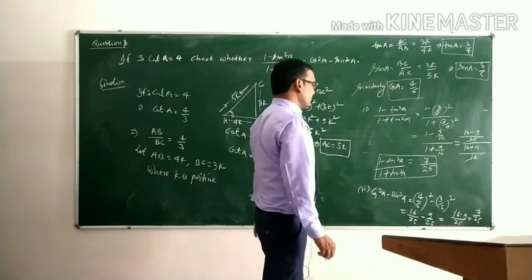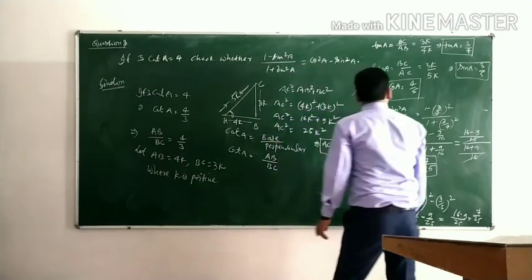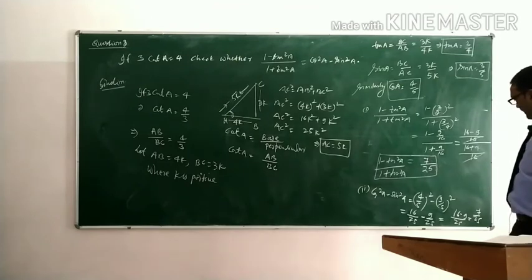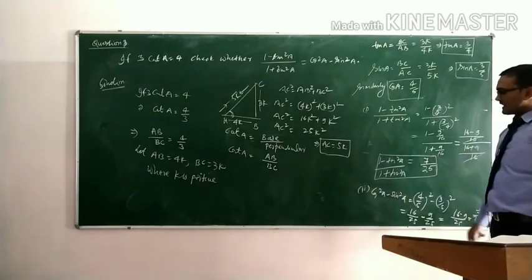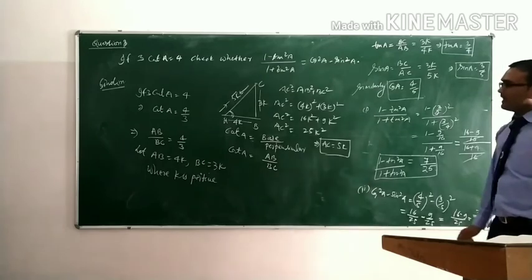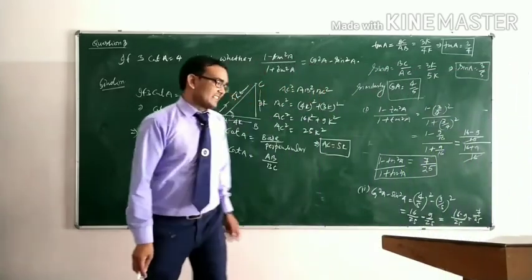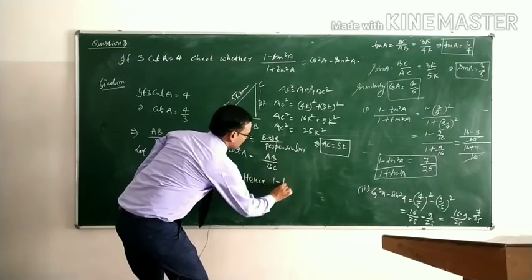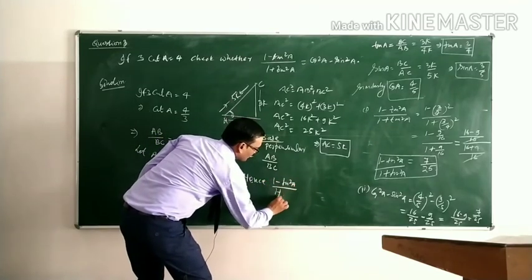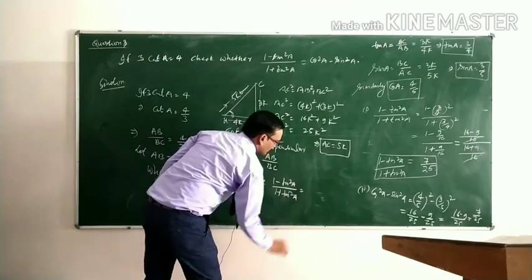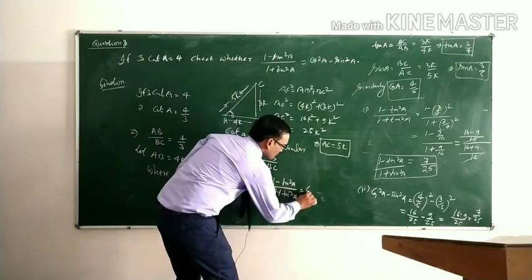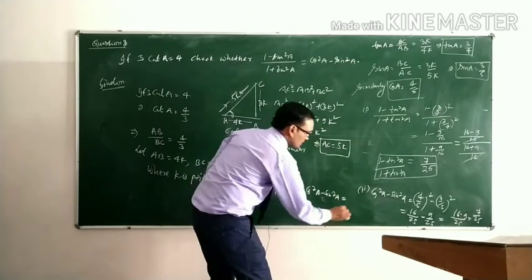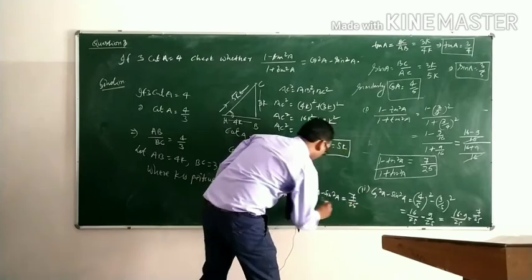The value of the first is 7 by 25 and the value of the second is 7 by 25. Here we finally say that hence 1 minus tan square A upon 1 plus tan square A is equal to cos square A minus sin square A, which is equal to 7 by 25.